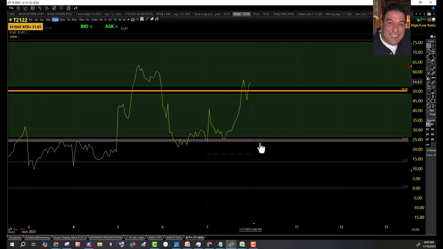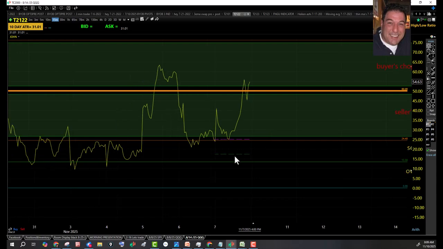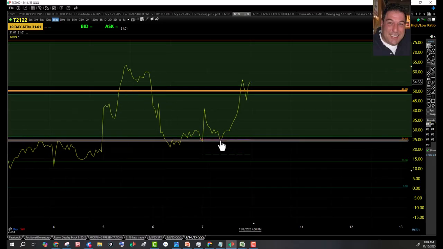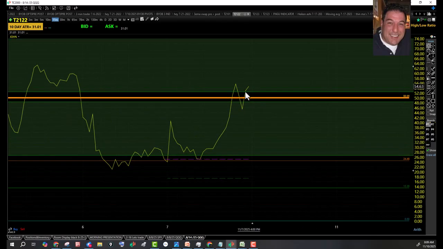T2122, even with the big dip down, all right, we find ourselves on Friday putting in a petite higher low here, okay, and then a higher high, winding up, closing up here at the midpoint. Huge rally there for the bulls, bringing us all the way back up here to the midpoint. Can they stick us up here into the buyer's chop zone?